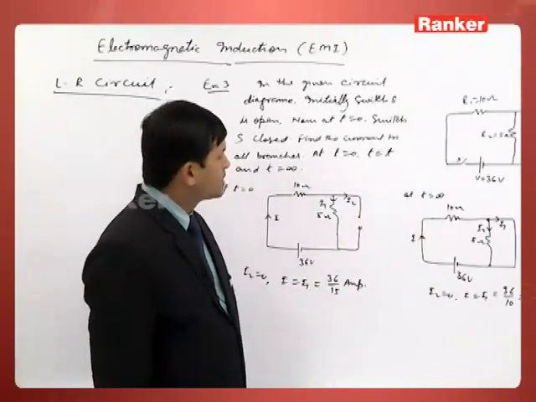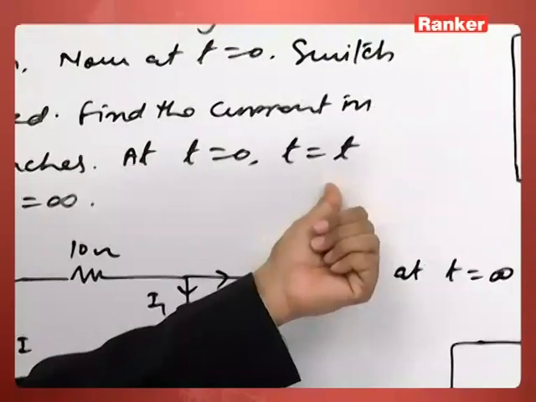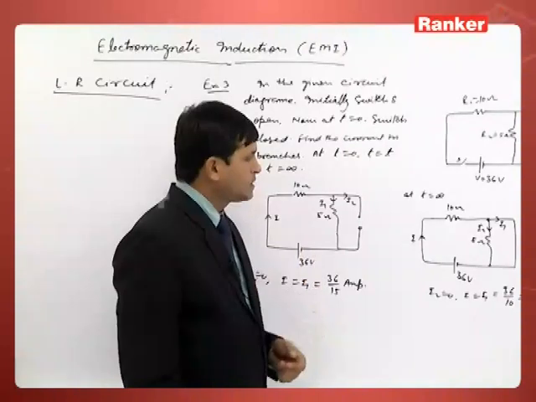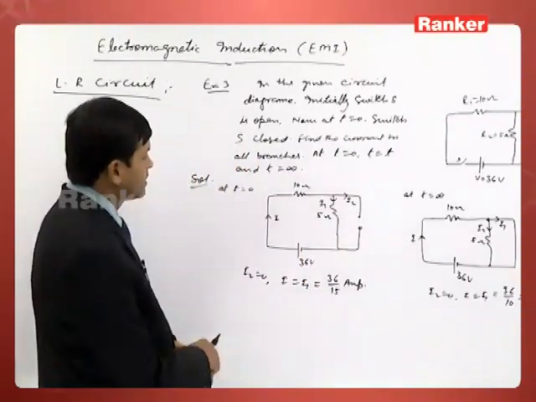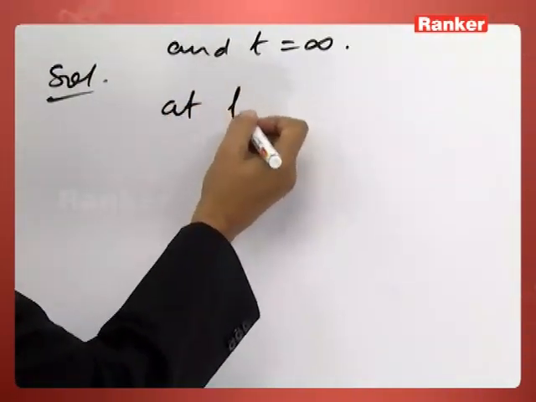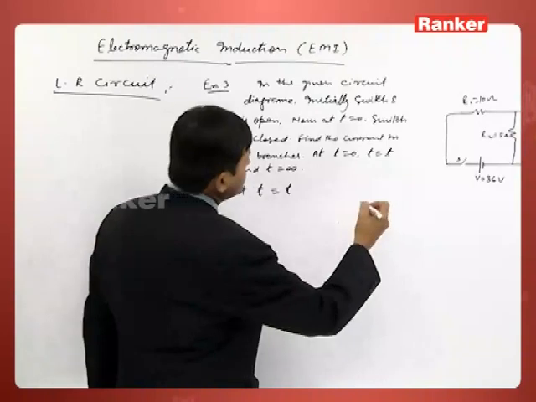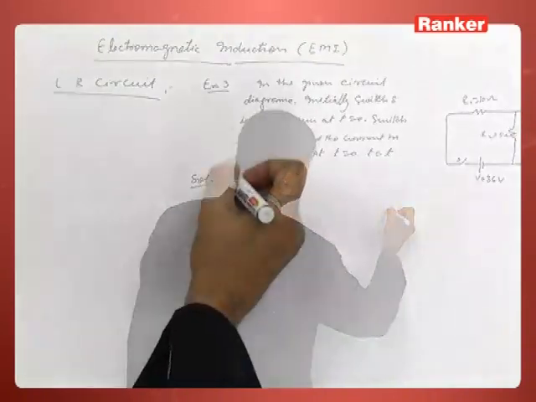Now we will find for t is equal to t, for which we have to find some relation. Now see the diagram for t is equal to t.